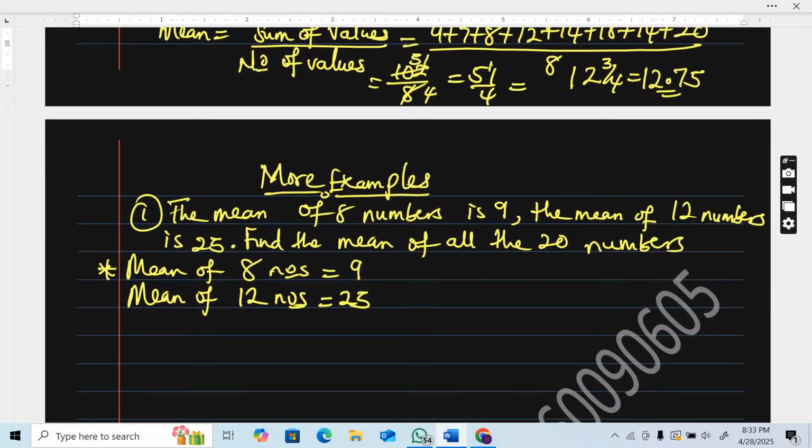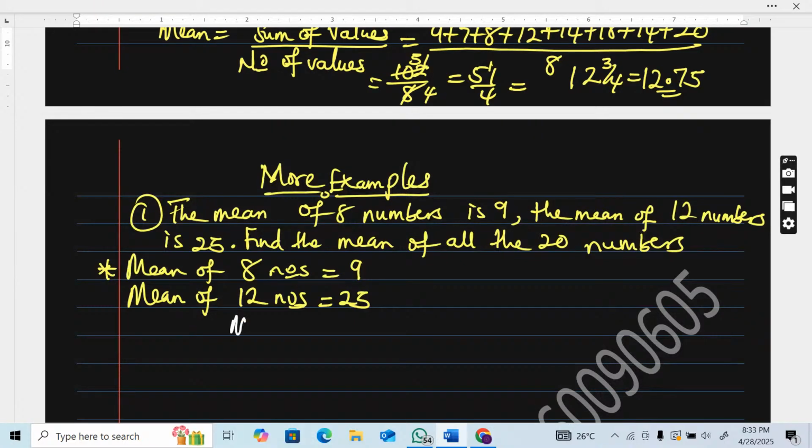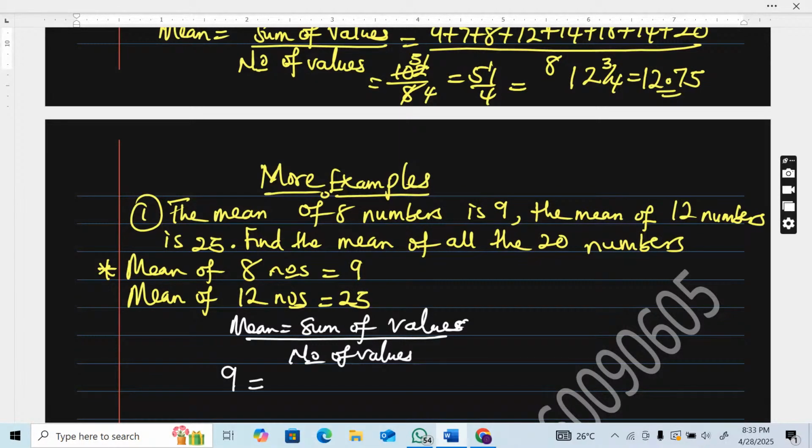So mean, don't forget that it is sum of values divided by number of values. Now, the mean of 8 numbers is 9, so instead of writing mean here, we replace it with 9. 9 is equal to sum of values.